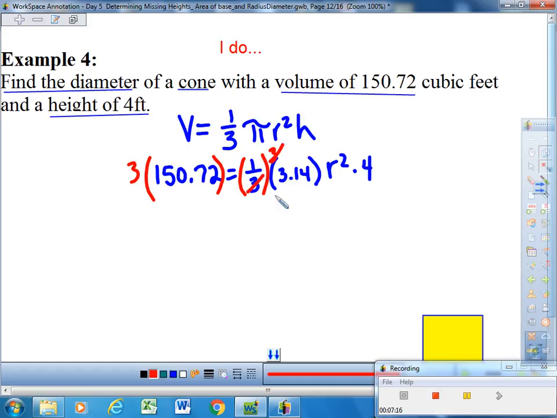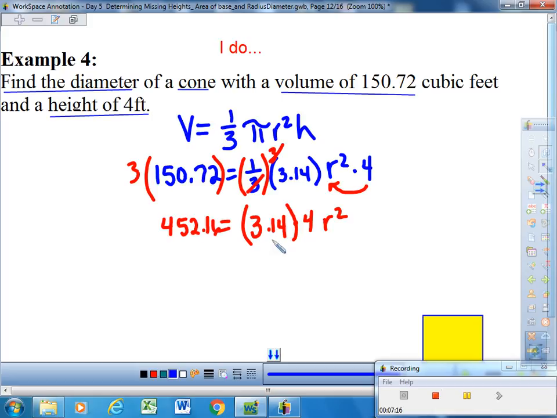All that does is cancel out the fraction. I have 3.14. I'm going to rearrange this so that the 4 is next to that, times 4, r squared, and then 3 times 150.72 is 452.16.